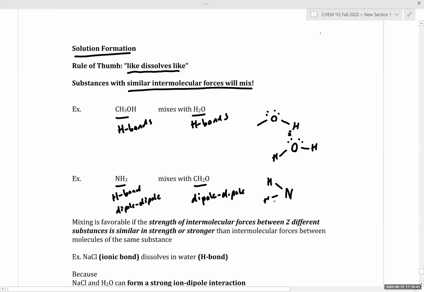So we have our very polar ammonia molecule interacting with our polar molecule of formaldehyde. And this dipole-dipole interaction allows these two substances to mix favorably.